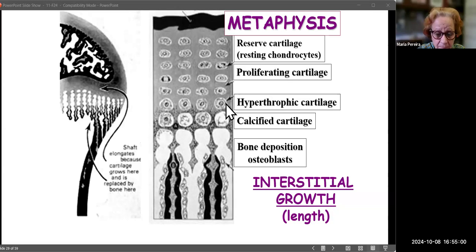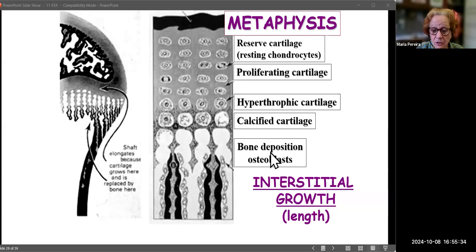Now, the next layer is the hypertrophic cartilage. These chondrocytes grow in size, not in number. That's the hypertrophic layer. And then eventually they die out and are substituted by osteoblasts. That means this cartilage now becomes ossified, because now you have the bone deposits and the osteoblasts.